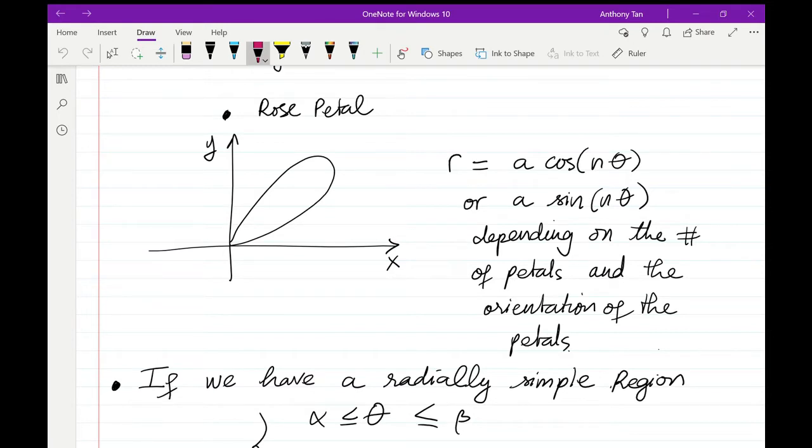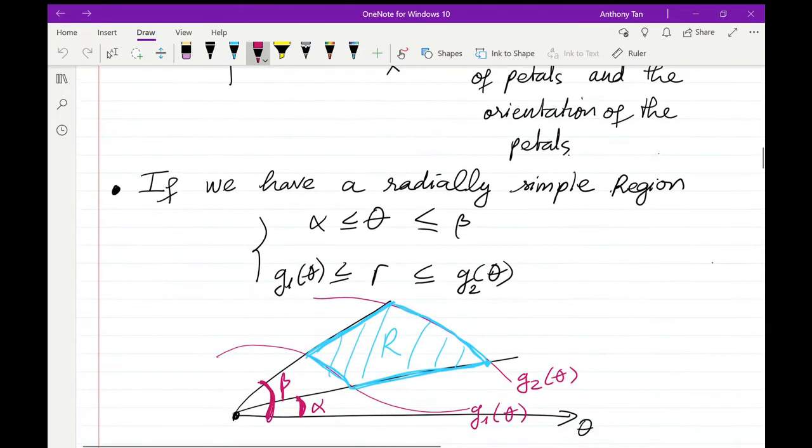But in polar coordinate, it can be described by r equals a cosine n theta or a sine n theta, depending on how many petals we have or what is the orientation of this flower-shaped curve. So some regions are easier to describe in polar coordinates. And in that case, we want to convert from Cartesian coordinate into polar coordinate because that will help us simplify a lot when we do the integral.